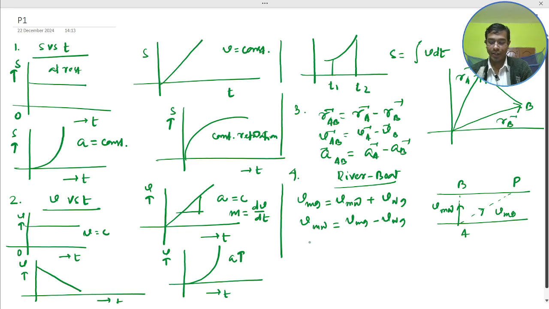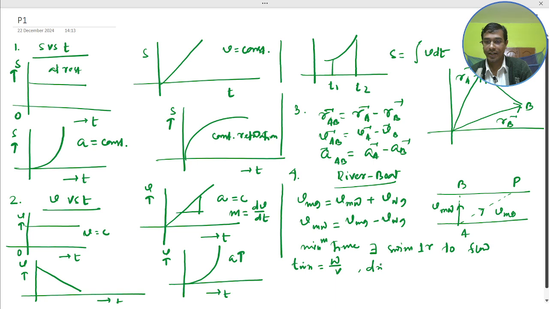The minimum time is when swimming perpendicular to flow, t minimum is equal to w by v, and the drift dx is w u by v.